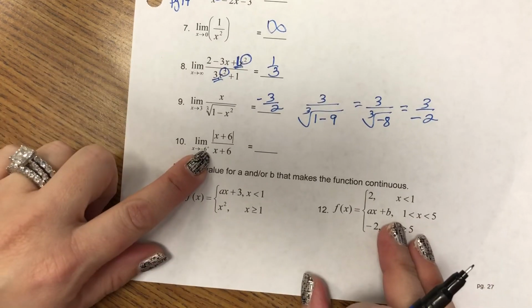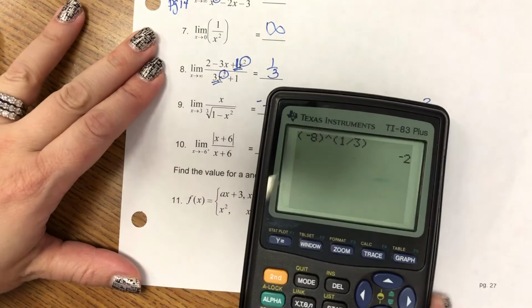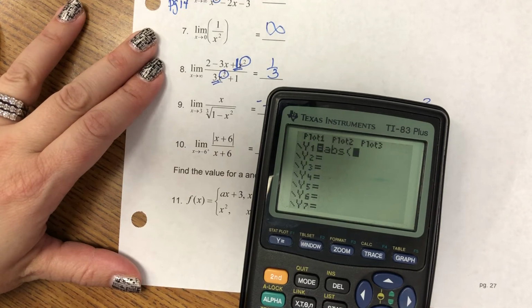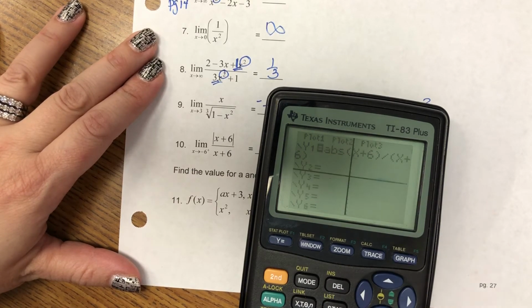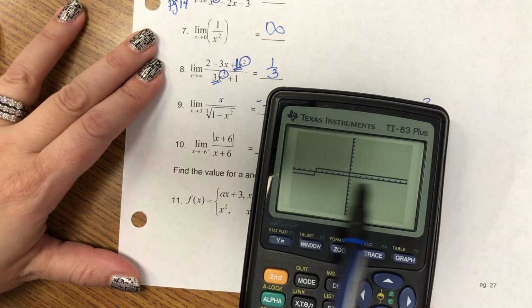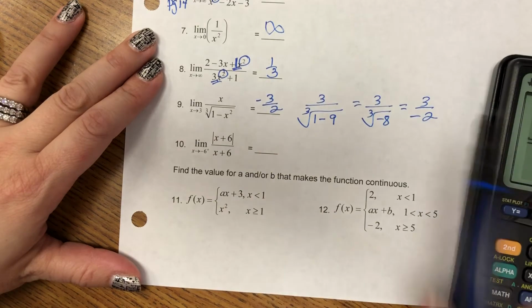For 10, because it says from the right, I'm gonna look at the graph. So math, num, ABS for absolute value. You have to put parentheses around the denominator of x plus 6. So here's negative 6. From the right is positive 1.